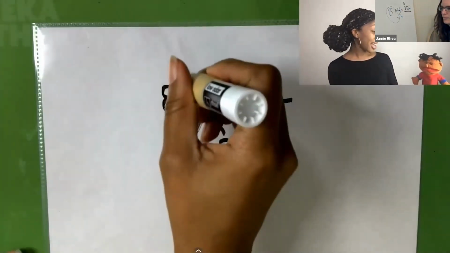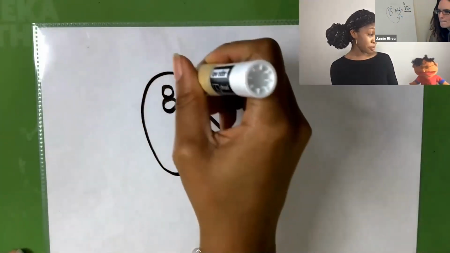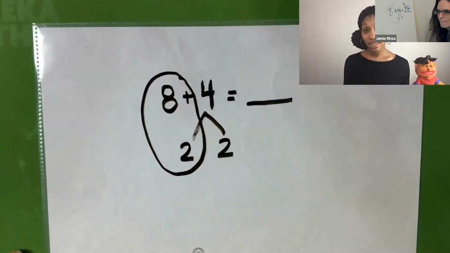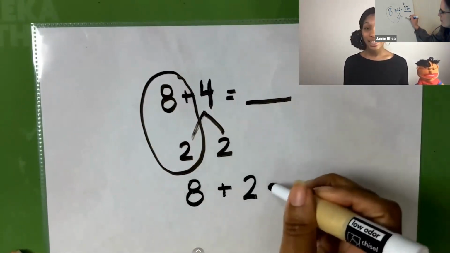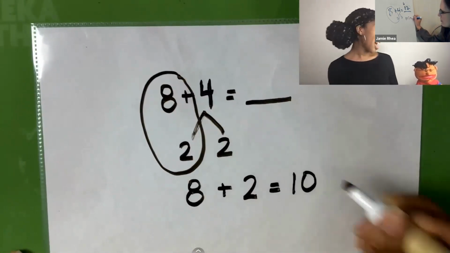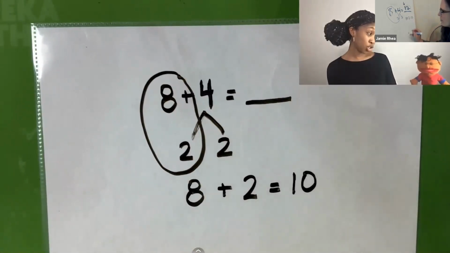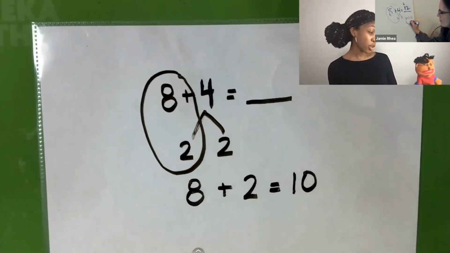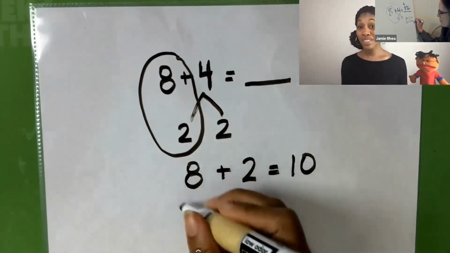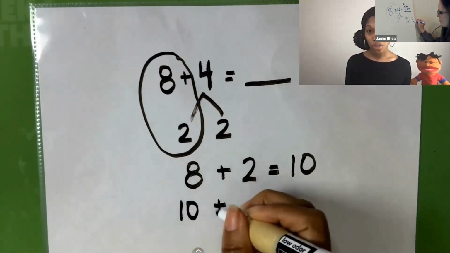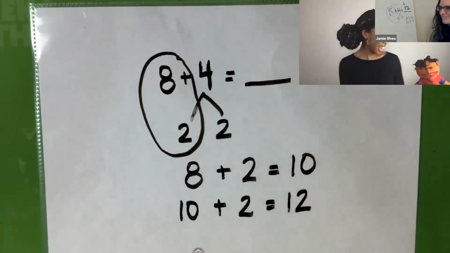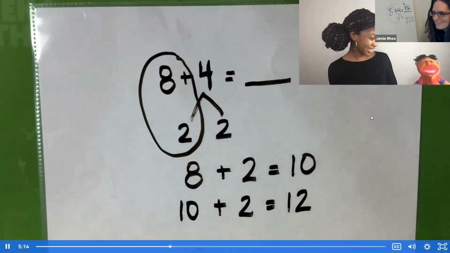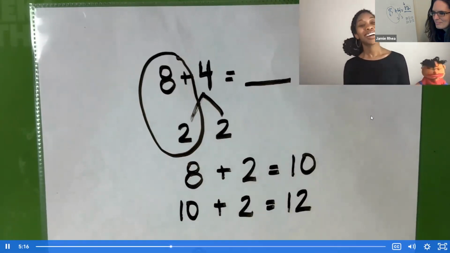So you added 8 and 2 together. A number sentence could be 8 plus 2 equals 10. So now we have 1 10 and 2 extra ones, and you added those together. So 10 plus 2 equals 12. Did I explain that correctly, Daniel? You got it, Miss Duckett.